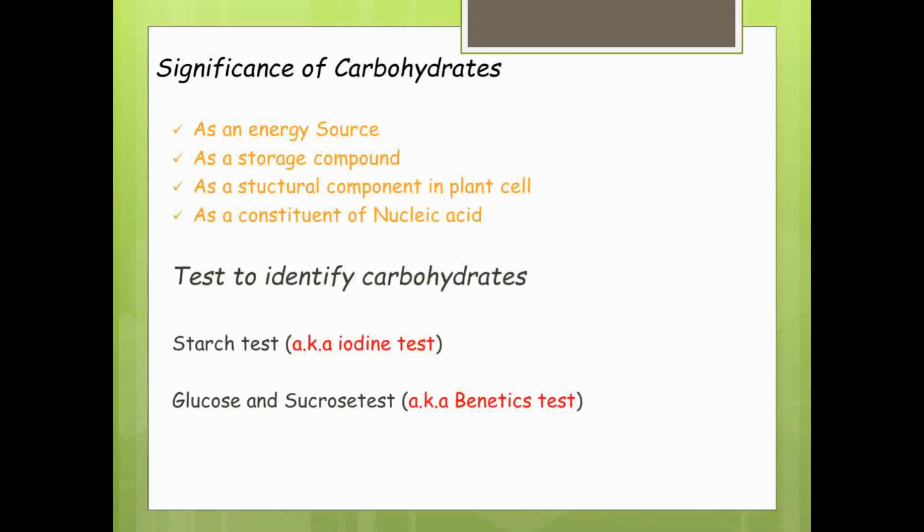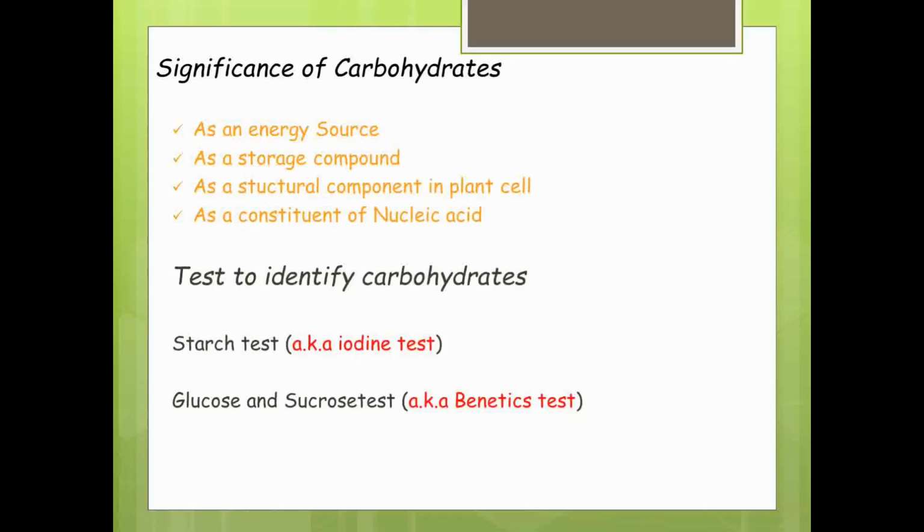The second is as a storage compound, meaning it helps to store compounds. The third one is as a structural component in the plant cell wall, and the last is as a constituent of nucleic acid.